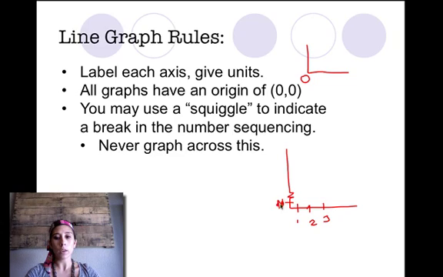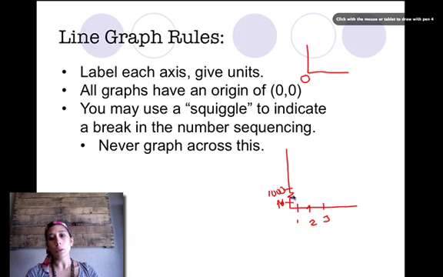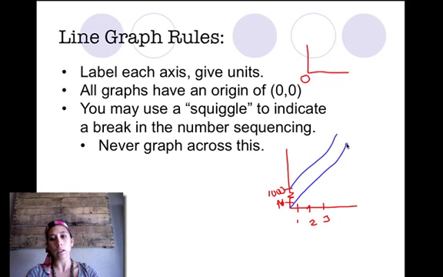So what you can do is put that break in there, and then the very first number that you count would start you at 1,000, okay? But what you have to know is you can't graph anything below this point. So naturally your graph would probably start from up here, right? You can't graph anything below because technically you didn't measure anything in that portion of the y-axis. That's why you put the break there.